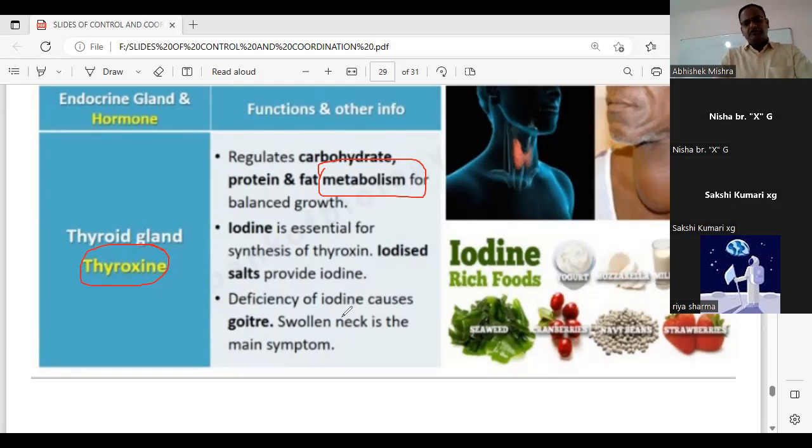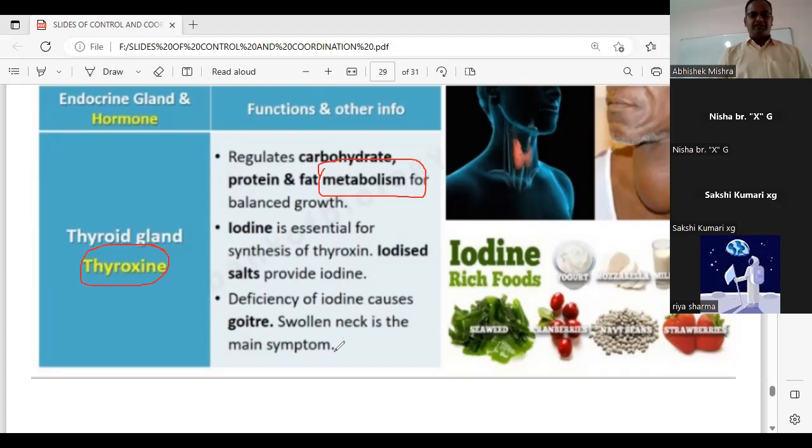So in total, we can say that metabolism is the sum total of all the chemical reactions in the body. So carbohydrate metabolism, how the carbohydrate is broken down and synthesized, protein synthesis and breakdown, fat synthesis and breakdown for balanced growth, is controlled by the thyroid gland. And always remember, if there is a deficiency of iodine in our salt, definitely we should take iodized salt.